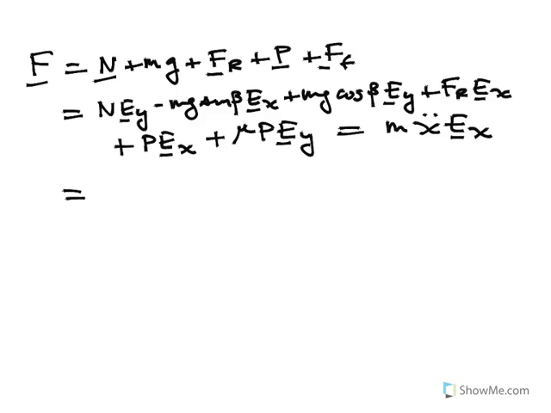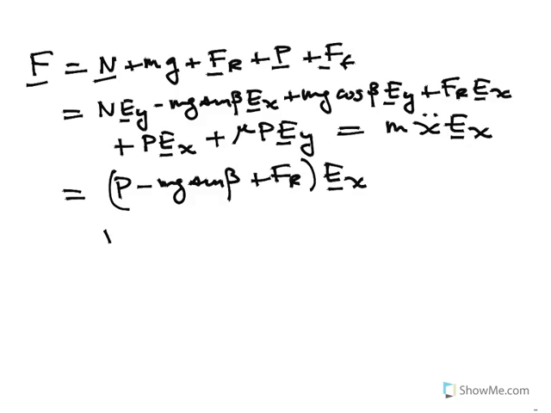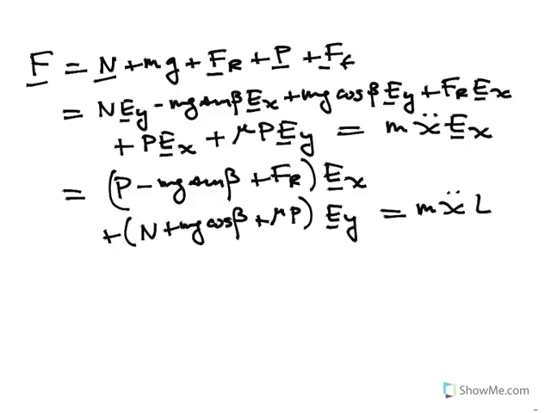So if we gather all these terms together, we've got P plus mu times P, sorry, not mu times P, we've got P minus mg sine of beta, that's in the EX direction, plus F sub r, the whole thing times EX, plus N, and then plus mg cosine of beta, and then I've got plus mu times P times EY, and that has to equal mx double dot EX, from which I get two equations.